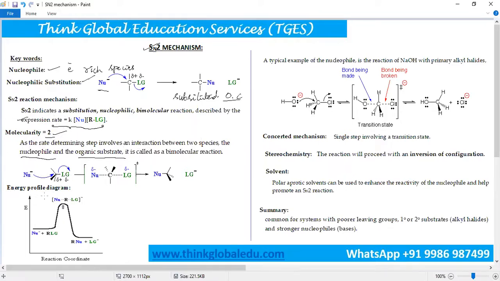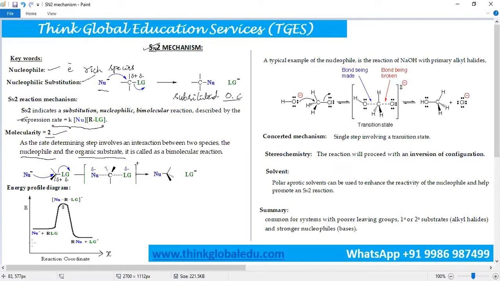The energy profile diagram is a plot of energy along the y-axis and the reaction coordinate along the x-axis. It indicates the energy of the transition state which has been formed during the reaction mechanism.